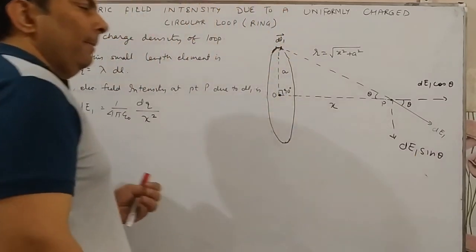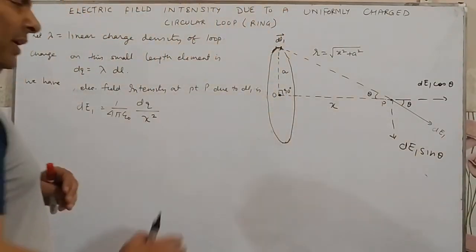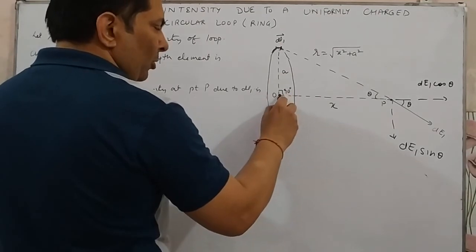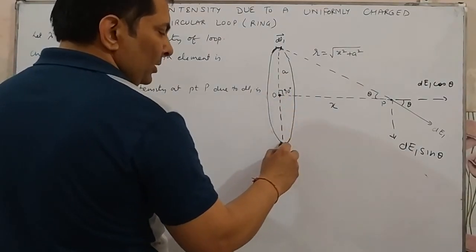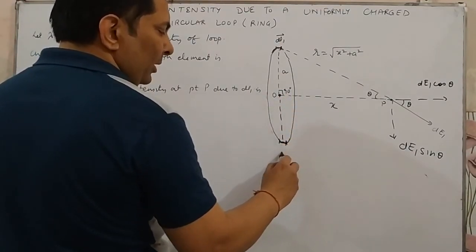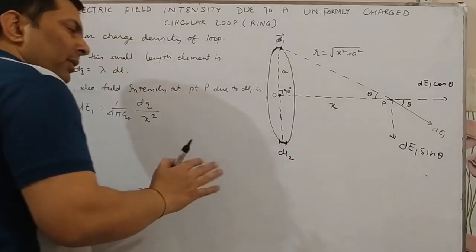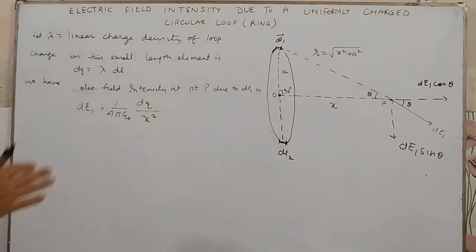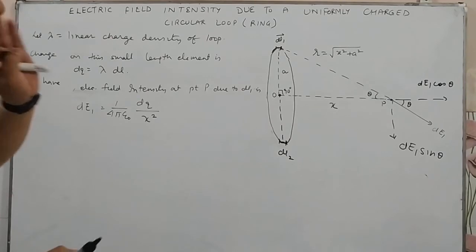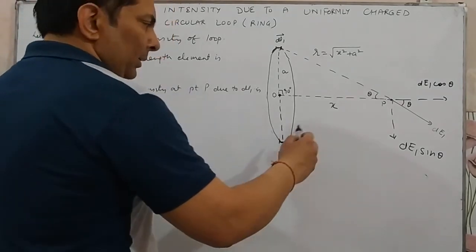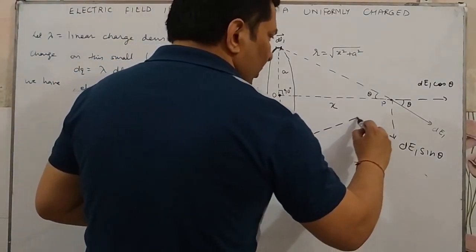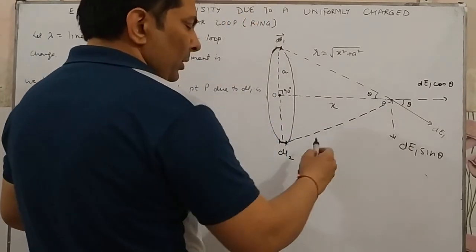Okay. Now we assume that at the diametrically opposite end, we consider another length element named as dl2. Fine. Now dl2 is at the same distance from point P. Okay, this is also equal.